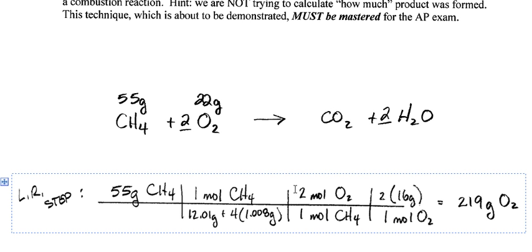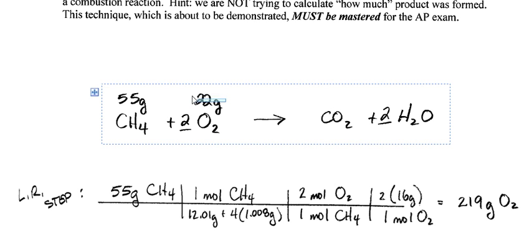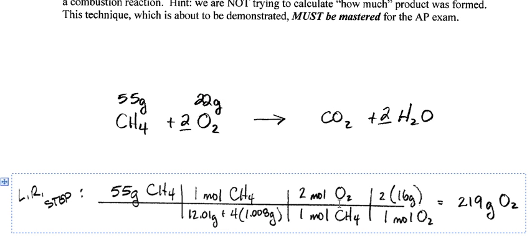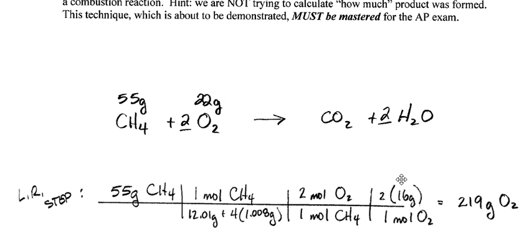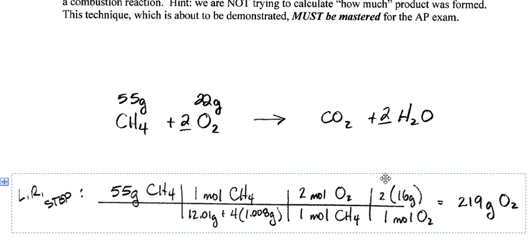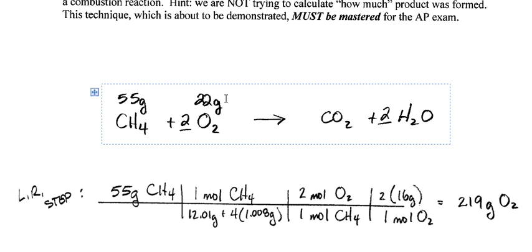I'm not going to put a product amount in there. The question's not asking how much of a product was formed. Besides, I don't know who's going to run out first. So I want to compare the 2 reactants to each other. So I put in my correct mole ratio. And since what was given in the question is 22 grams of oxygen, I don't want to stop with moles, but I want to go one more step and change this back into the same unit as the information that was given.